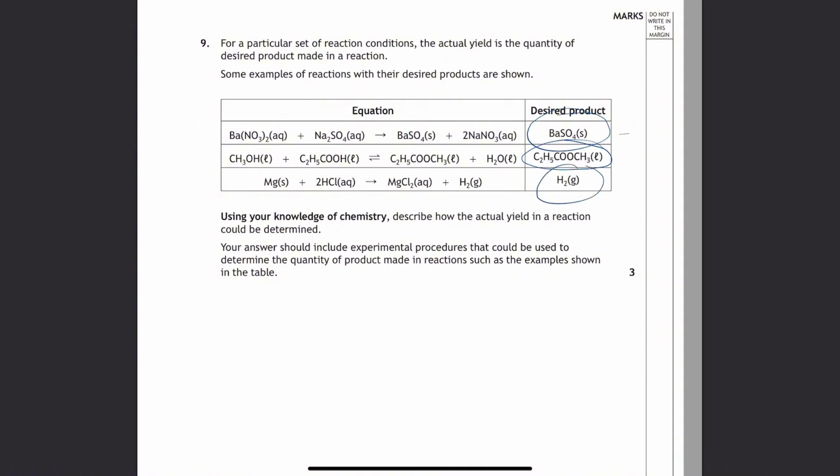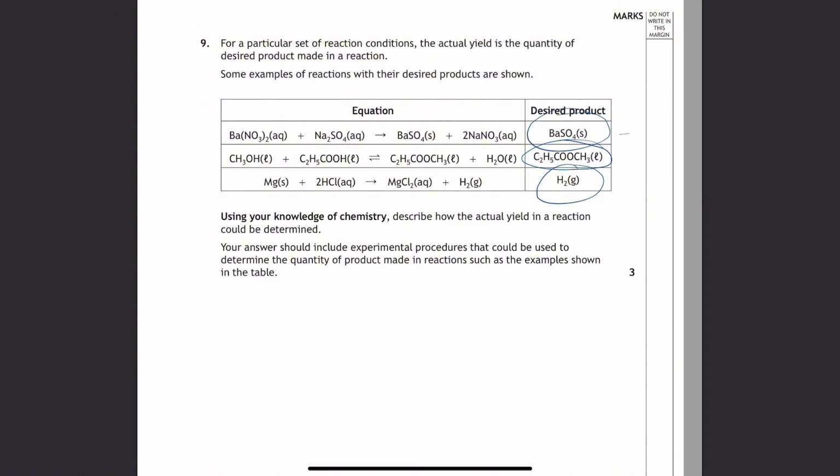For the hydrogen, you could do the same thing as well, measure the mass, but because it's a gas, you could also measure the volume of the gas that's produced and use the molar volume relationship. So this would allow you to talk about molar volume, the fact that regardless of what the gas is, 1 mole of any gas at the same temperature and pressure will occupy the same volume. Normally at standard temperature and pressure, molar volume is 24 litres.